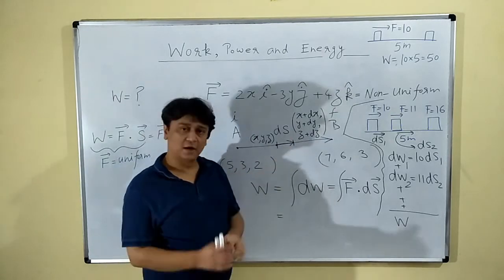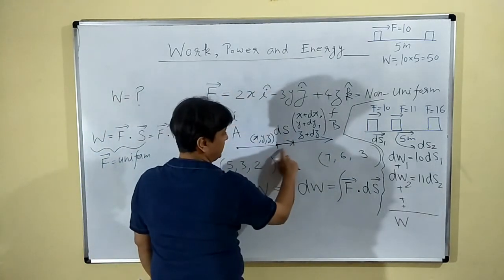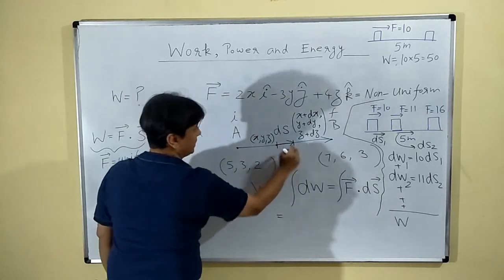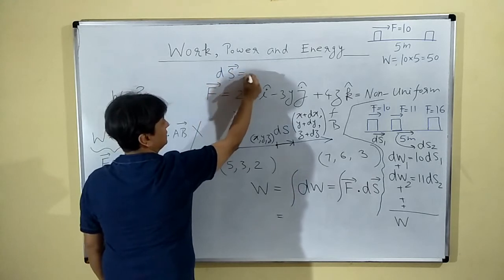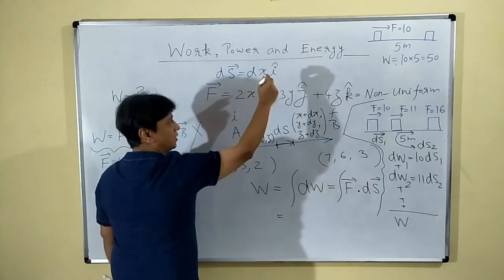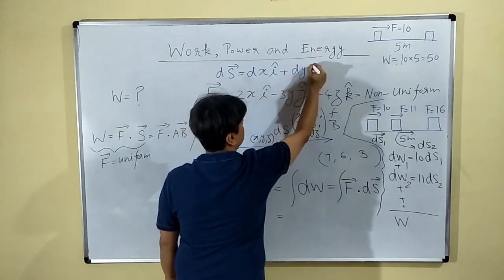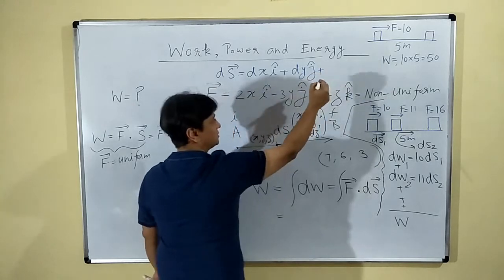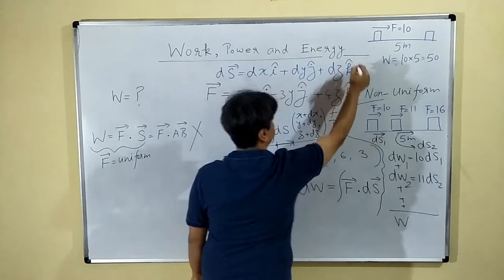You have come from here to here, then this ds becomes dx i cap plus dy j cap plus dz k cap.